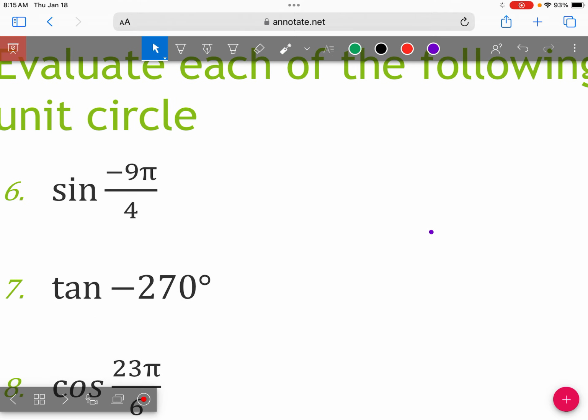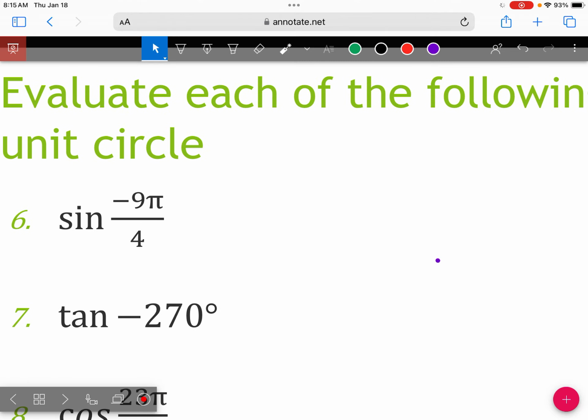So looking at the first one, number 6, we have sine of negative 9 pi over 4. Can we evaluate it as is? Nope. So what are our bounds? What do we need to be between in order to evaluate it, to put it on our unit circle? 0 and 360 if we're in degrees, yep.